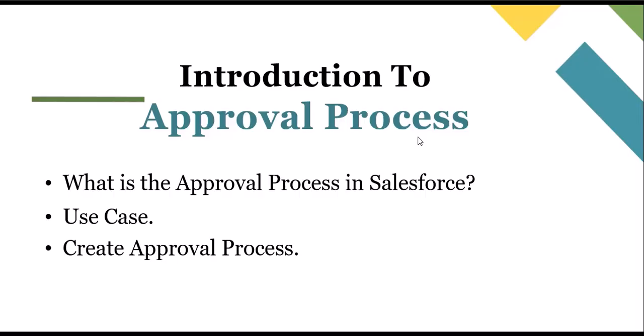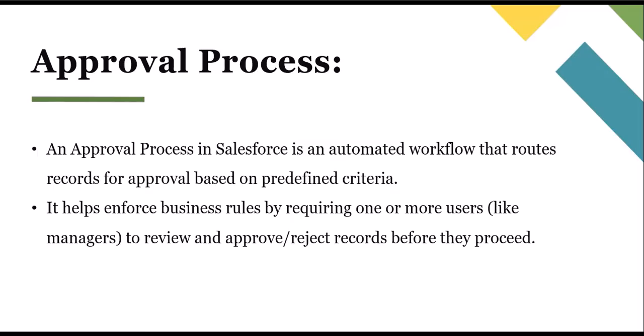Now first let's understand what is approval process in Salesforce. An approval process in Salesforce is an automated workflow that routes records for approval based on predefined criteria. That means for the approval process, we need some criteria, so that based on that criteria the approval process works.